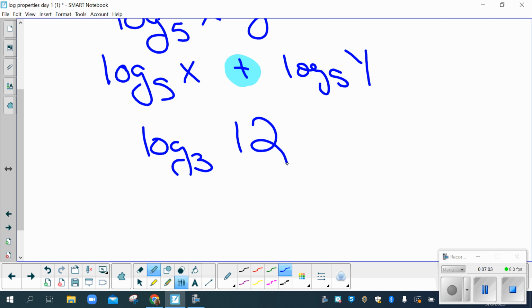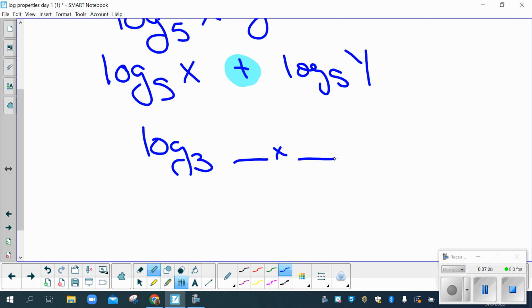It's not 10 plus 2. It's making 12 into 2 numbers that are multiplied and then rewriting it. That's where it gets a little weird. I know a lot of kids want to go, ooh, log 10 plus log 2. No, what we want to do is write this as 2 numbers multiplying each other and then expand it.